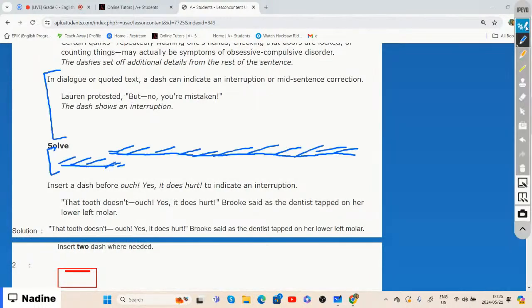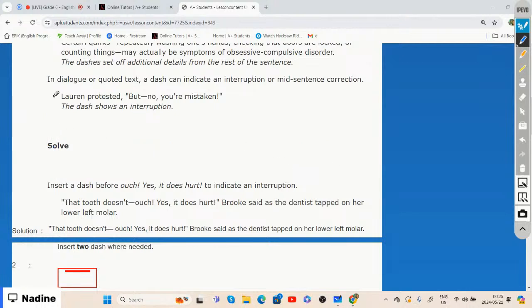And then we have another one. It says in a dialogue or a quoted text. So dialogue is a conversation between two or more people. That's a dialogue. Or a quoted text. A quote is set off by quotation marks, and a quote shows us what the person is directly saying.